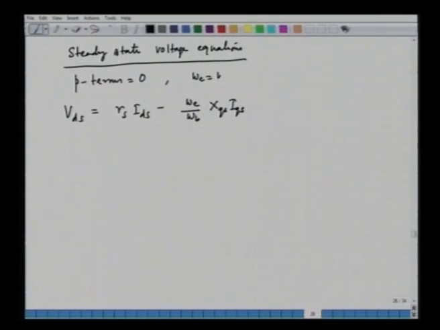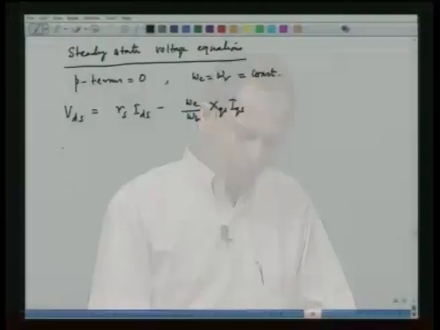We do not have any P term, because the flux linkages are constant, and we have omega E, and please remember that omega E is the same as omega R, and that is also constant. We are talking about the constant speed operation, and at constant speed the electrical speed is the same as the electrical frequency of the current. So, this is what we have here, and then what about the Q axis?